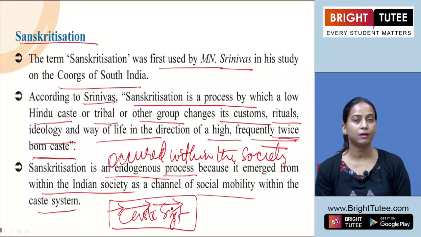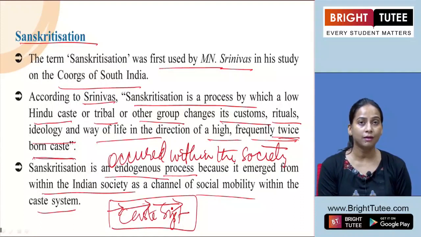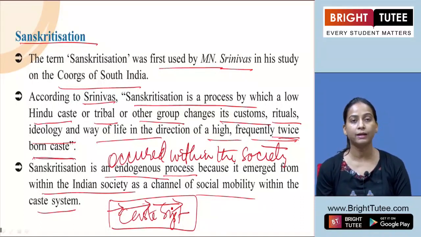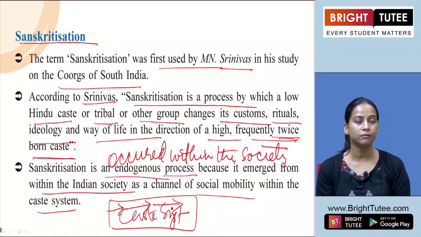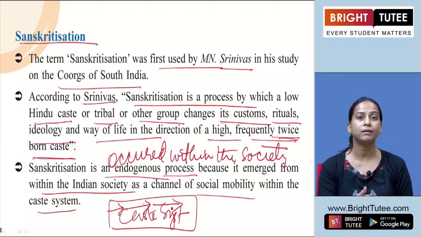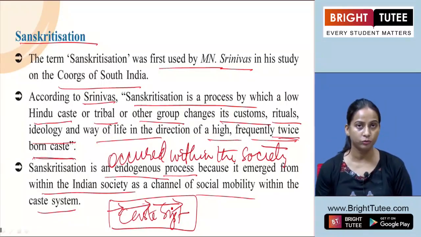Here these changes are taking place where an exchange of values is going on. Instead of exchange, we can say transformation, where shifting is taking place. High caste people are able to influence the low caste people, and being influenced by them, the low castes try to grab their values, customs and traditions into their own caste.